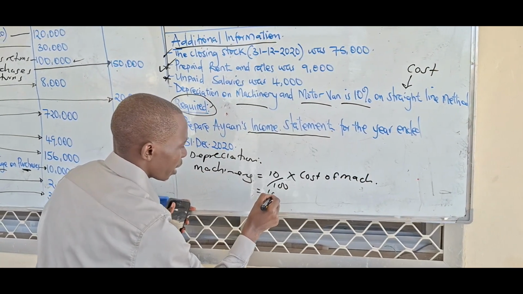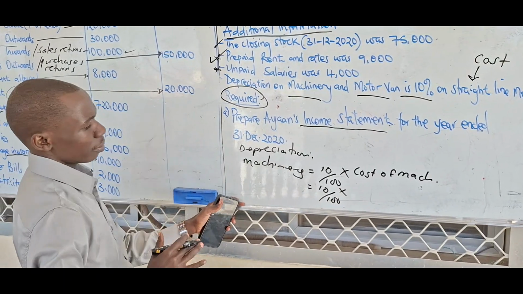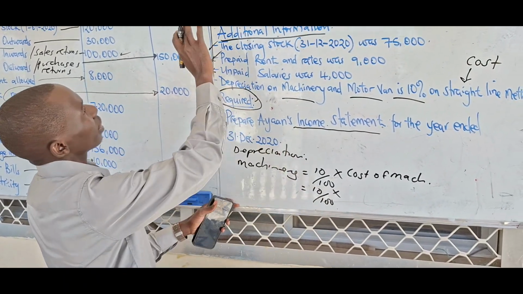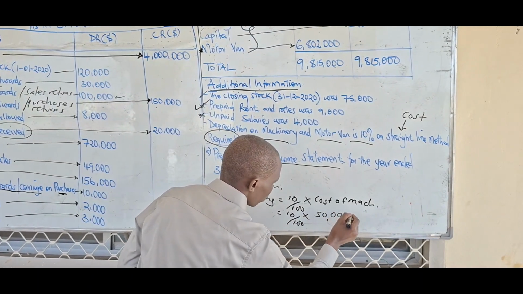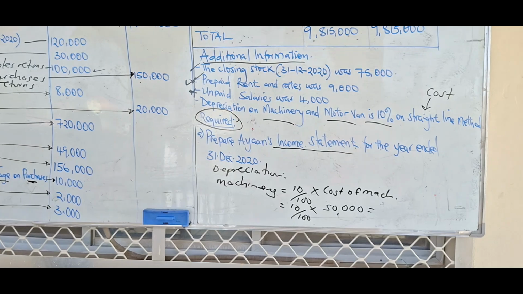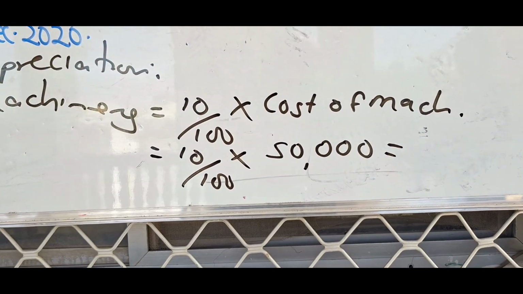This is your side work. You do it from outside, not in our income statement. 10 over 100 times machinery, which is 10,000. Here you are going to get your 5,000.